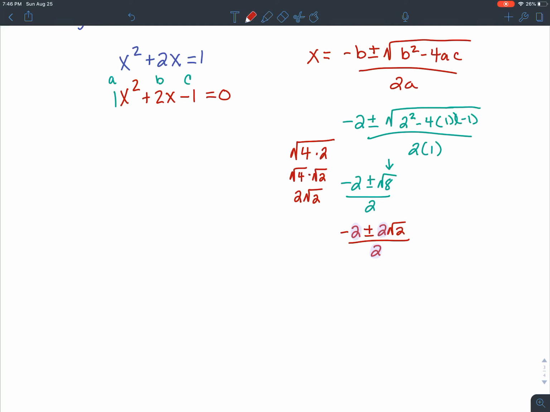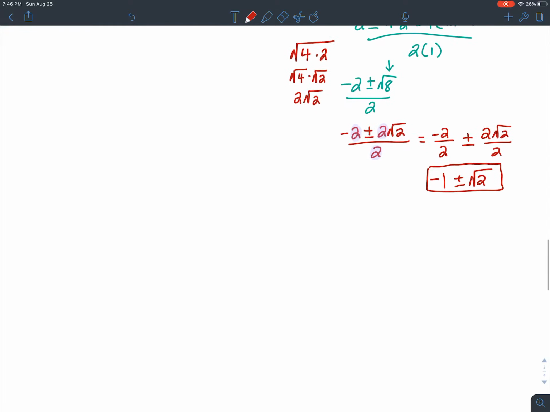Every 2. So really, it's negative 2 divided by 2, I'm breaking it up, over 2 over 2. I broke up the fraction because I am reducing it to negative 1 plus or minus root 2. Did I have to show that? No. You could have just said everything turns into a 1, which is exactly what happened.